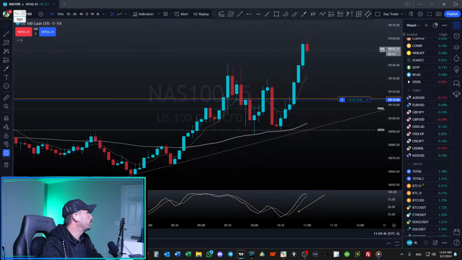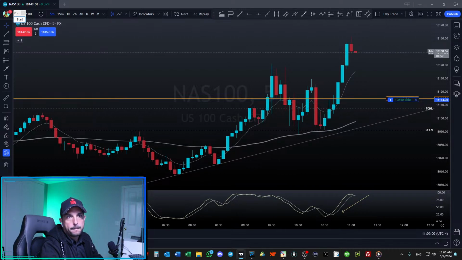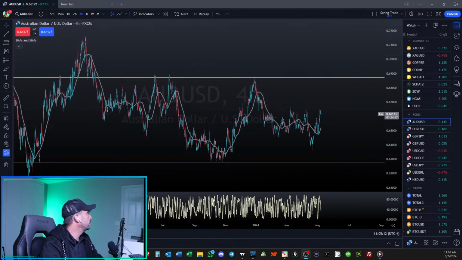Are you looking at AUD? Are you looking to day trade or swing trade? What are you looking for? AUD USD. That's AUD USD right there.